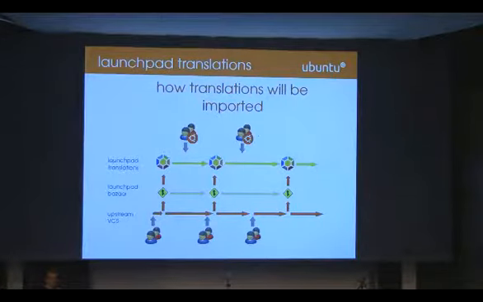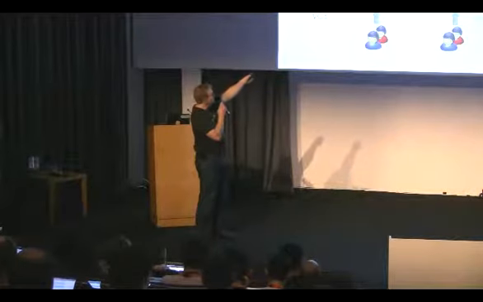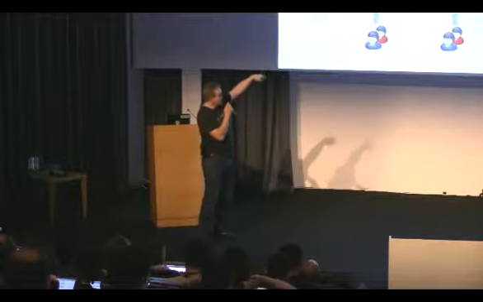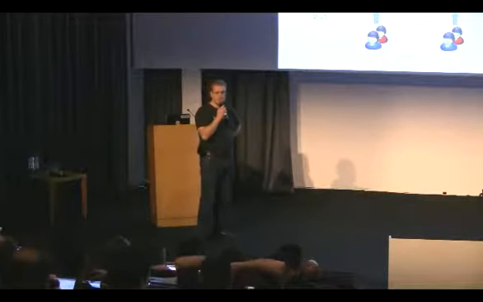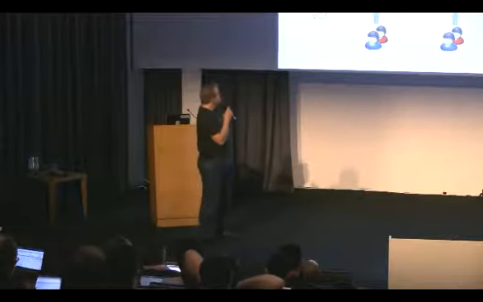And so we have an always up-to-date copy of that in Launchpad, and can take those translations from there and input them into Launchpad translations, so that the Ubuntu translators that are doing the work will be working with the latest translations that are available from upstream, and so duplication of work is minimized.